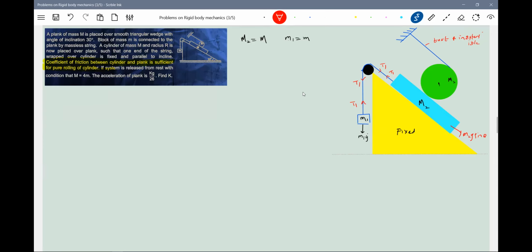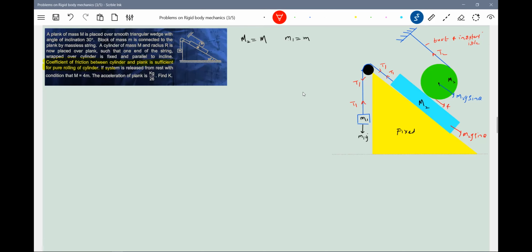So I'll first show the other forces that are acting, then I'll come to the acceleration. This is as usual m2g sine theta. The string will be taut, so tension will act here. This tension we'll call T2. Then the friction, I'll put it here.